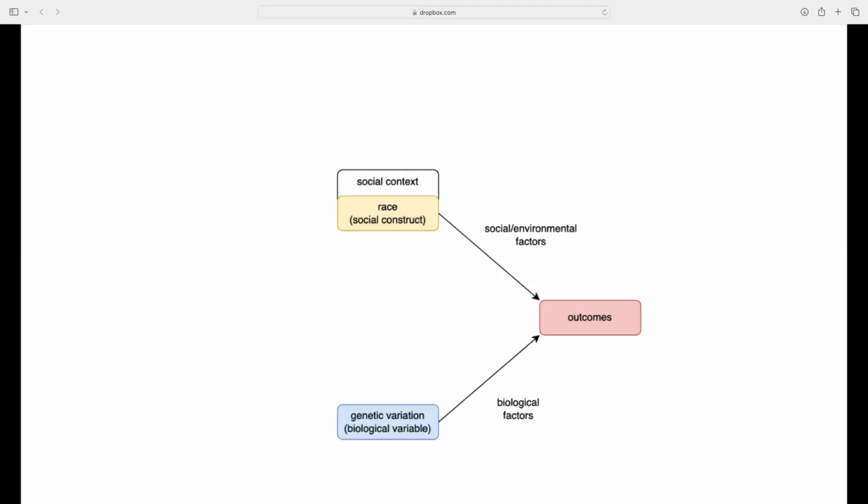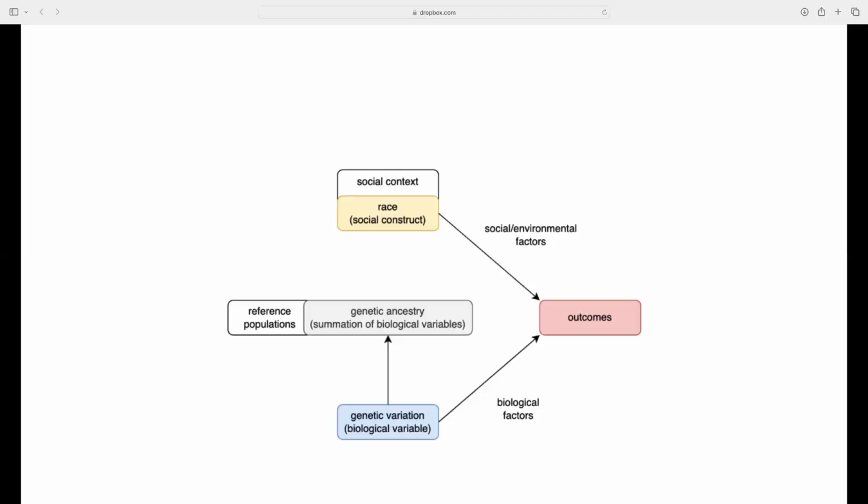Separately, we have this concept of genetic variation, a biological variable that exists in all humans. And there may be biological factors driven by genetics that also correlate with clinical outcomes. And then we have a measurement called genetic ancestry, which is essentially a measure of how similar a given target individual is in their genetic variation to some reference population.